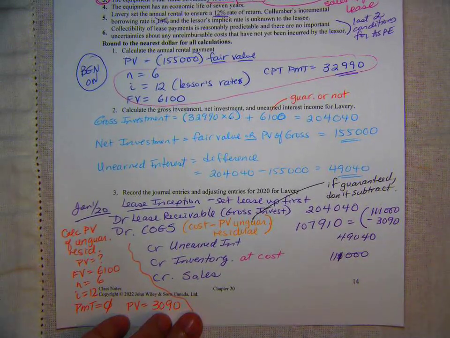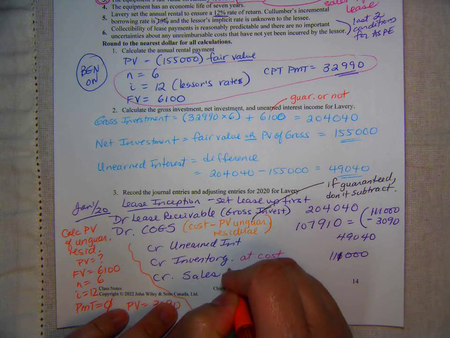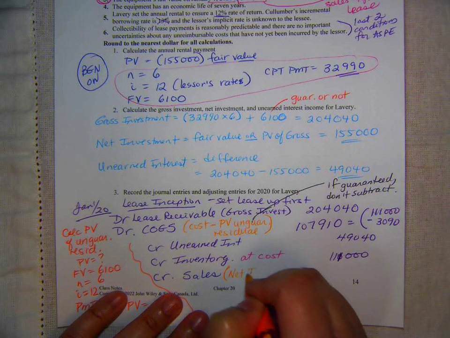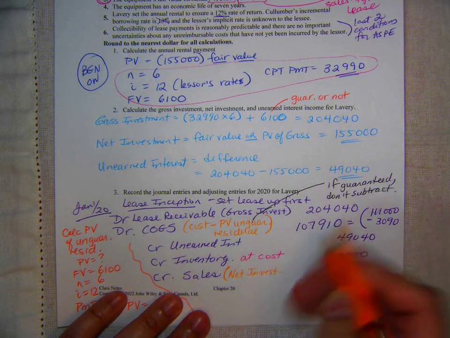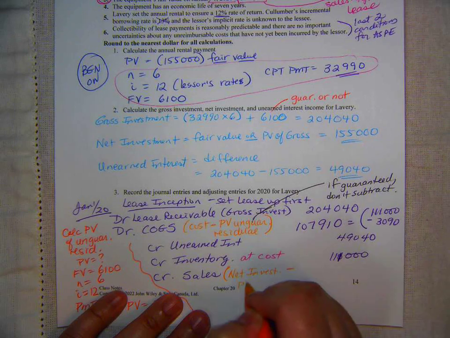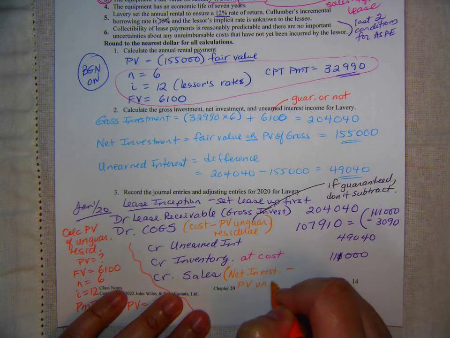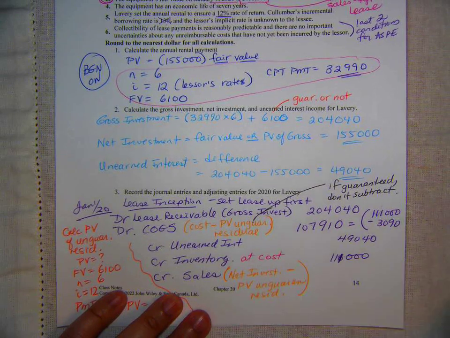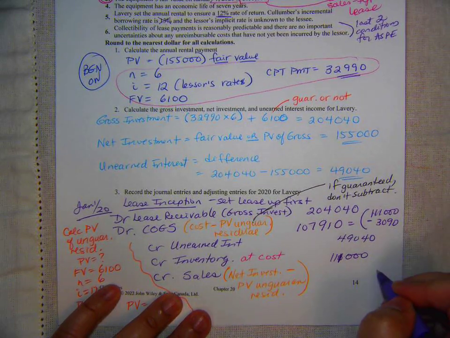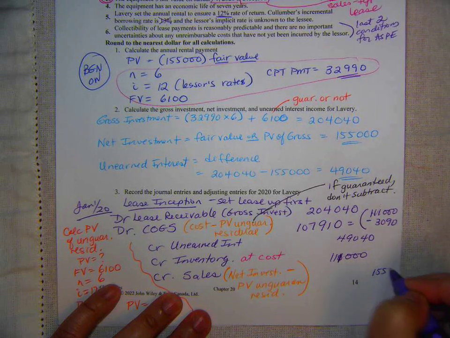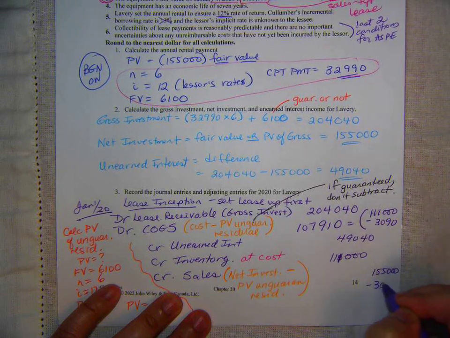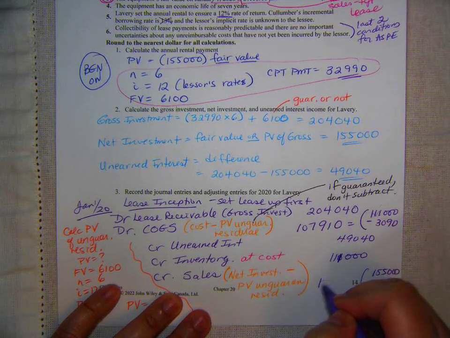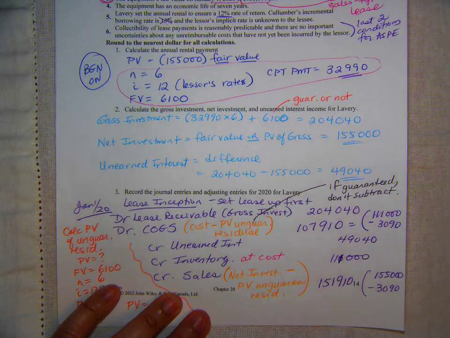To do sales, you could just fill in the blank, or you could realize it's a net investment minus present value of unguaranteed residual, which is 155,000 minus 3,090, which is 151,910.